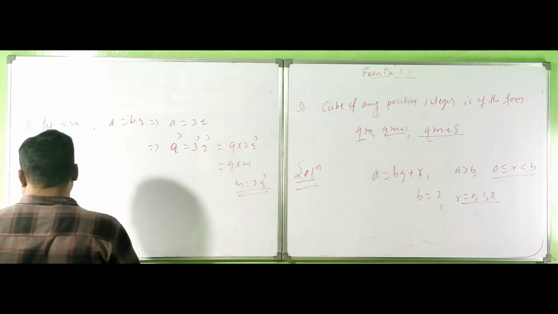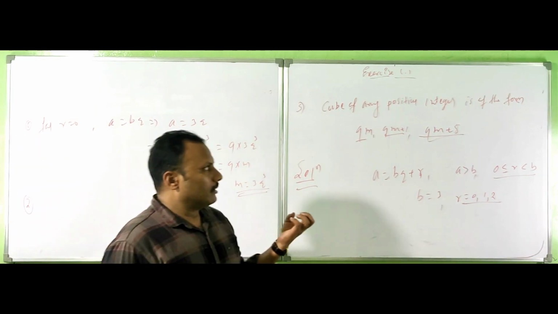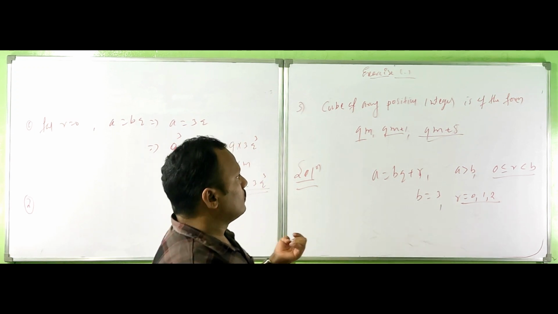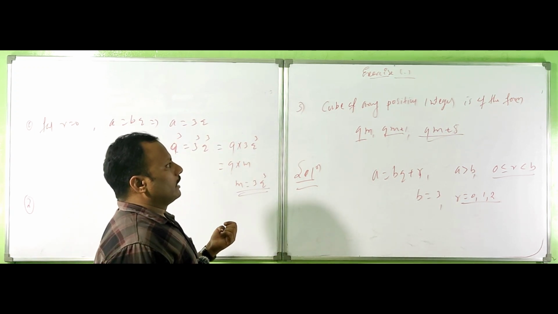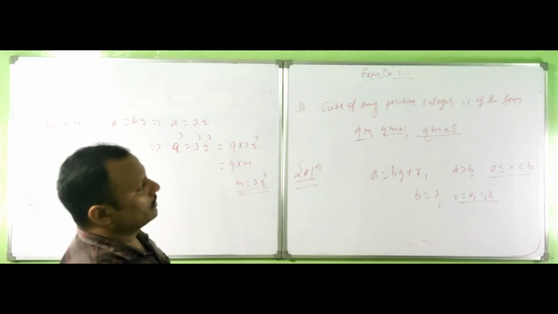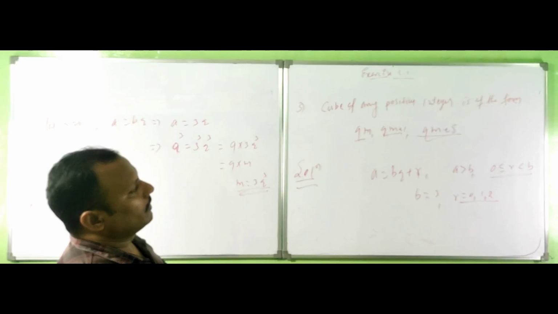Second one. Okay, write that 9m. So we take some numbers. Okay, cube of any positive integer is in the form of 9m plus 1 and 9m plus 8.